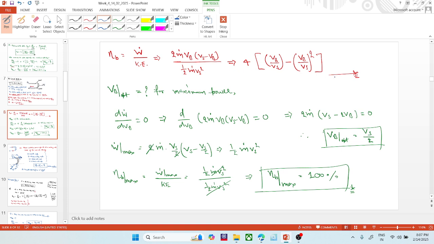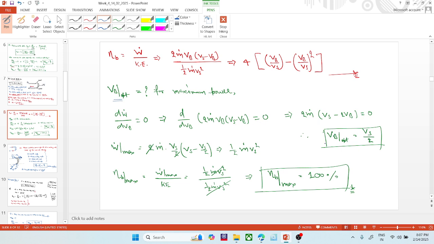Now our aim is to determine the optimum blade speed for the maximum power. So for that we have differentiated this expression of the power with respect to the blade speed and then put it to 0. Then the differentiation is looking like this.